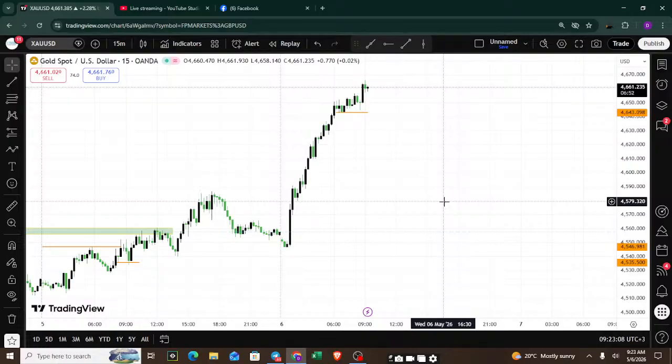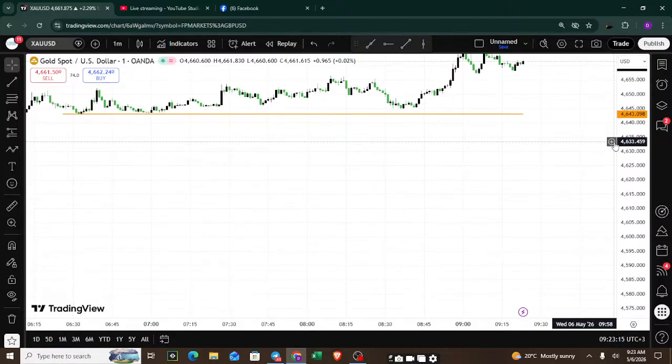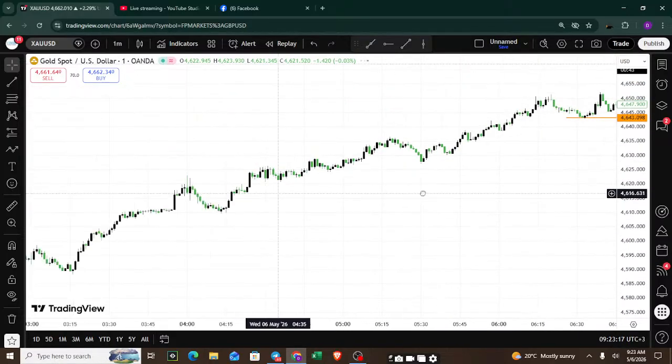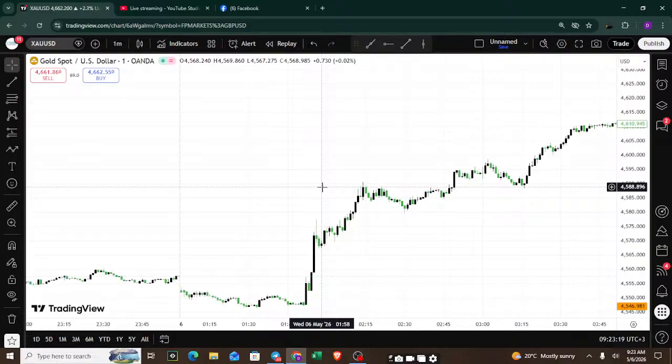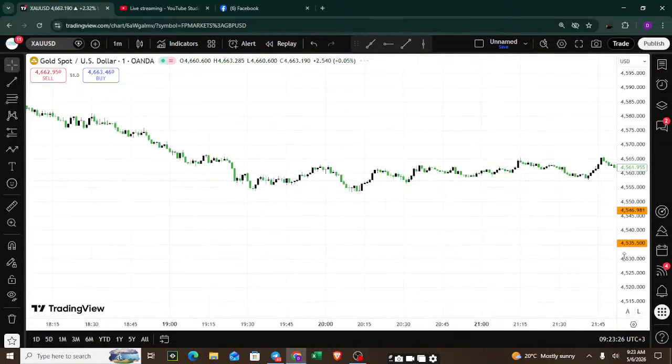So in the London session, for example, yesterday, as we wait for price to get to a level, you can backtest a bit. Yesterday was a very good day for this system.